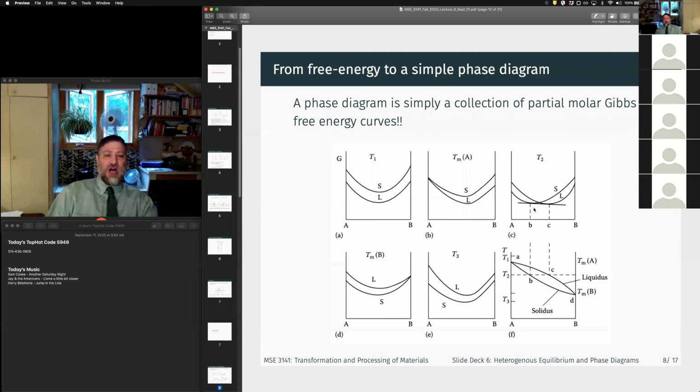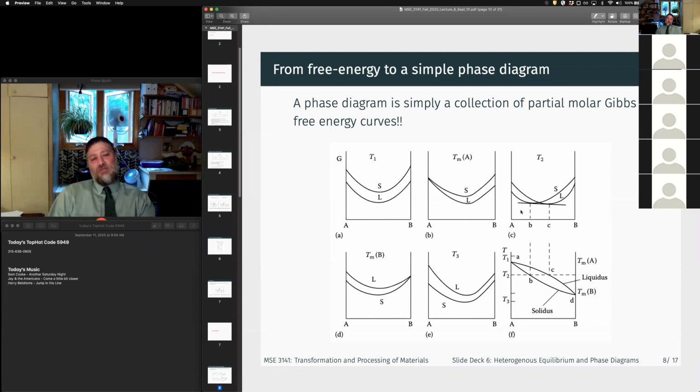As we move down, the liquid and solid Gibbs free energy curves intersect, and we have a region where solid and liquid are in equilibrium. And these tie lines on the phase diagrams are our common tangent points. We just drop them straight down, right?